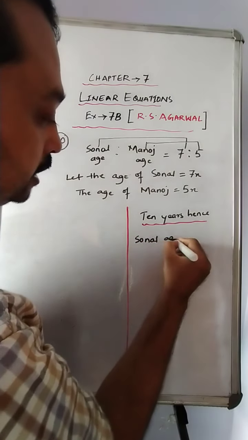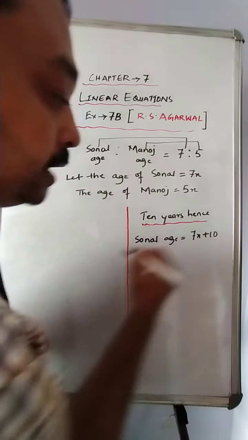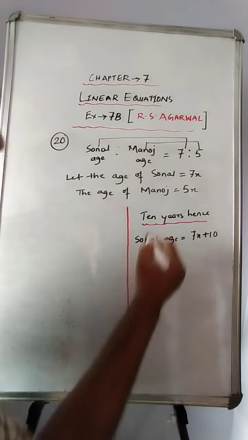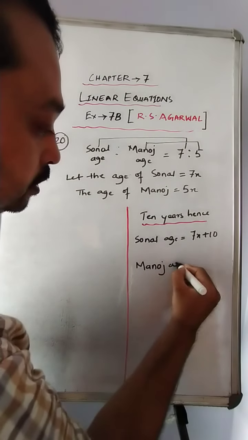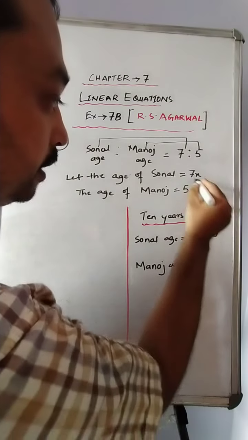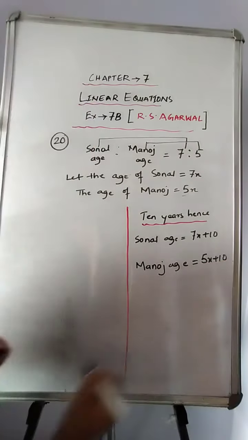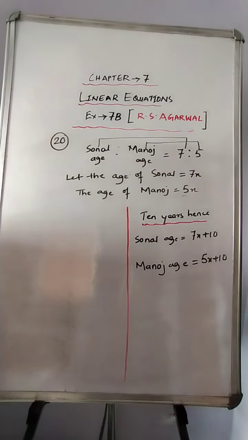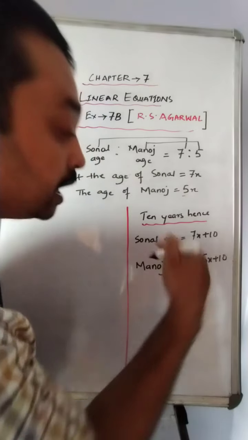We have to add 10 to the present age. And Manoj's present age is 5x, so we add 10 to it, isn't it? So this is the age of Sonal after 10 years and this is the age of Manoj after 10 years.